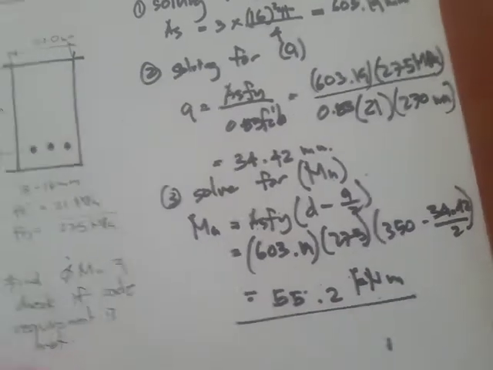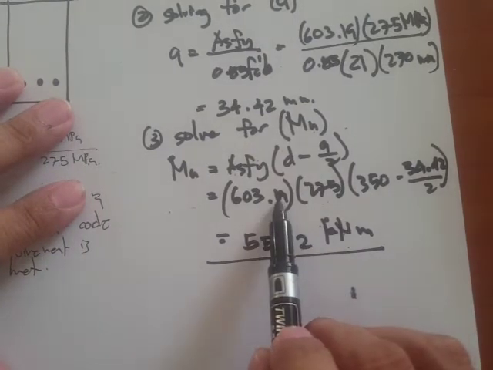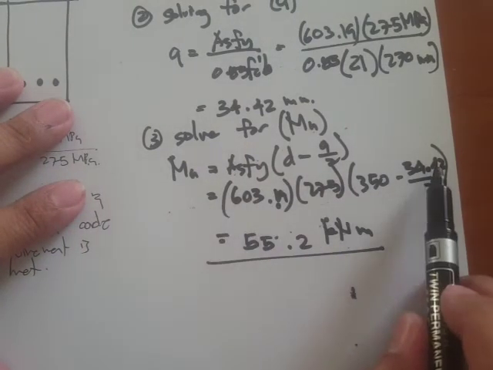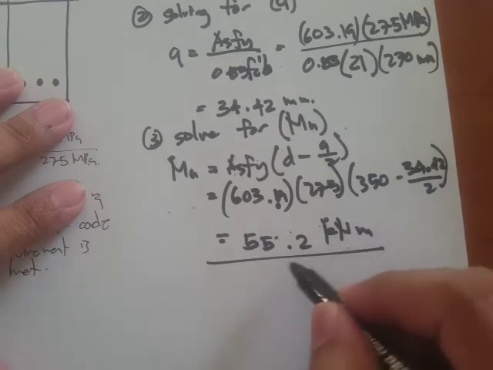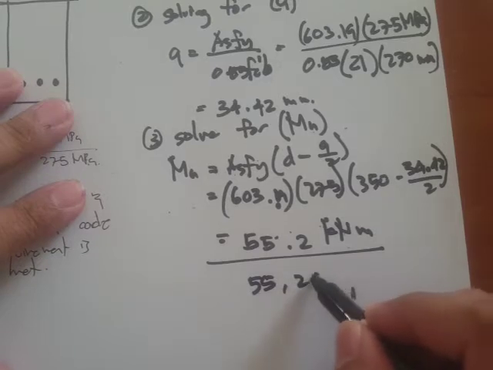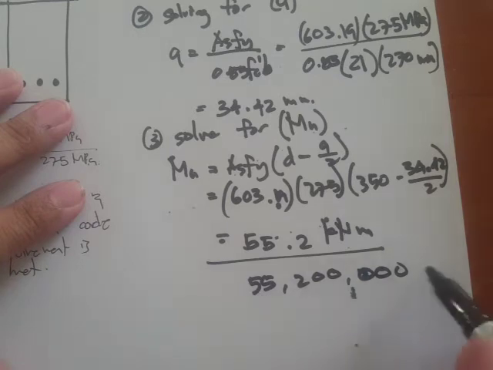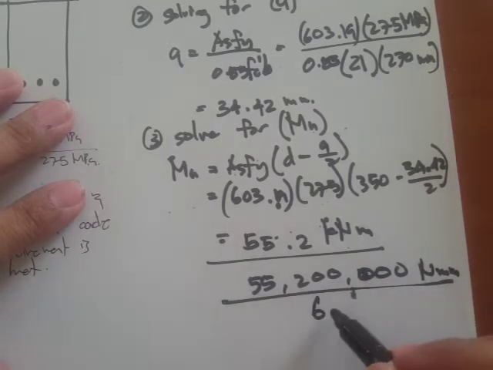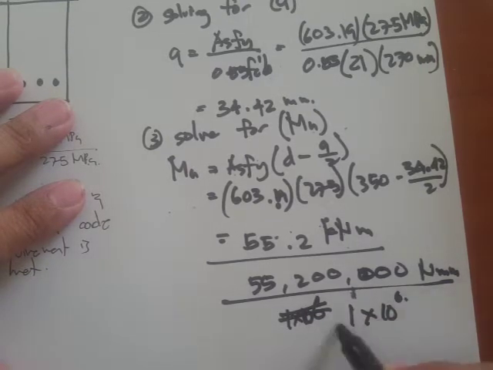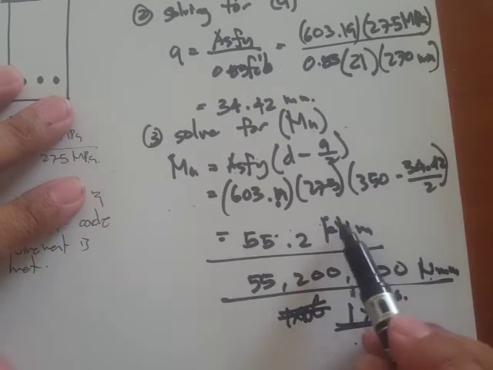Okay, so we're actually in mm. If you solve this, probably what you get is 55,200,000, let's say this is the rounded off value. That's in Newton mm. So we have to divide this by 1 times 10 to the 6, because we have to convert that to kilonewton and meter.